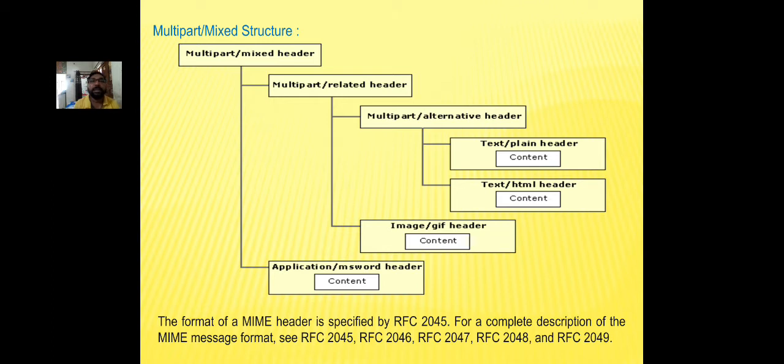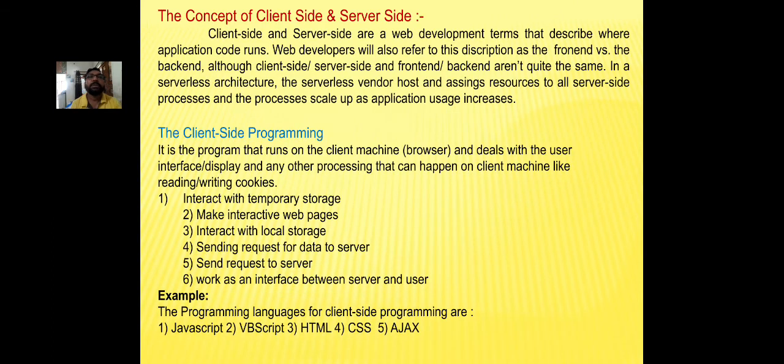The format of MIME headers is specified by RFC 2045. For a complete description of the MIME message format, see RFC 2045, RFC 2046, RFC 2047, RFC 2048 and RFC 2049. To be continued.